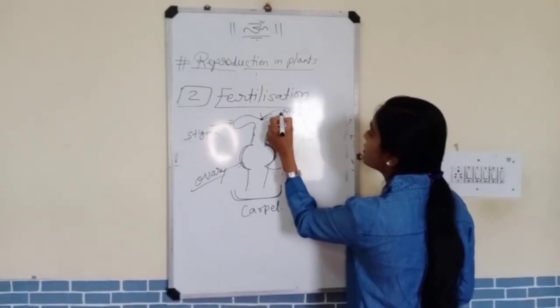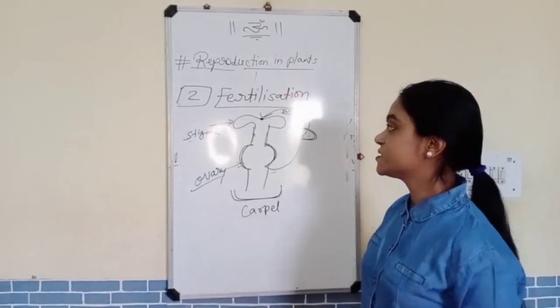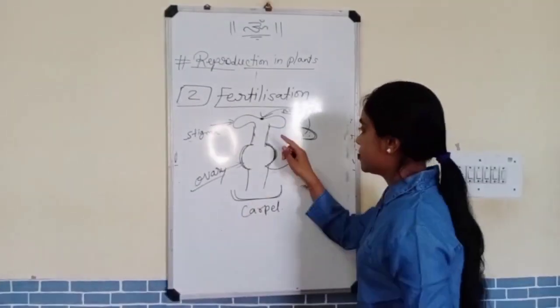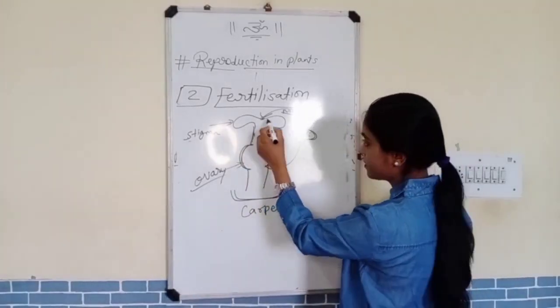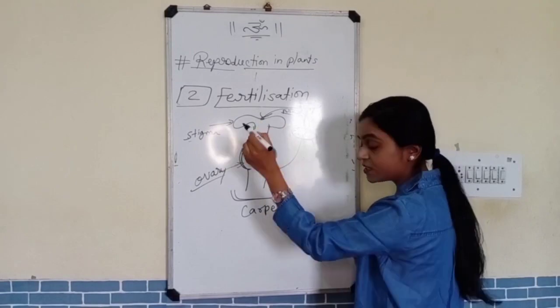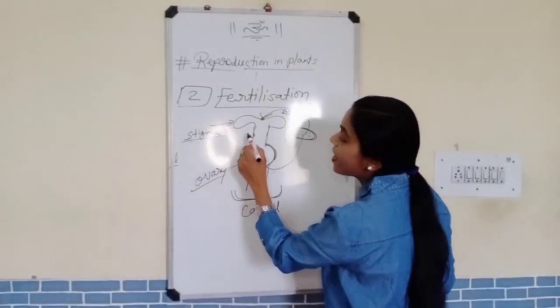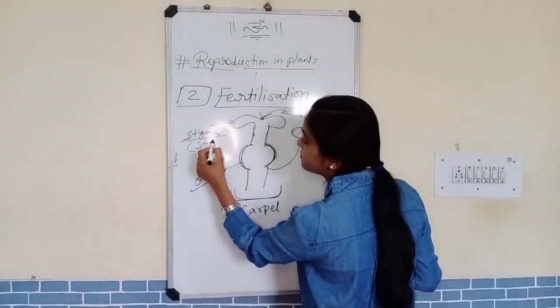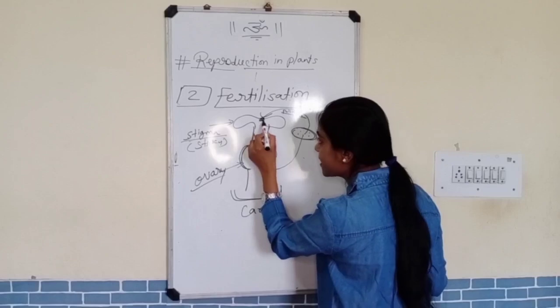Pollination has happened. Now the fertilization step occurs. How? Pollen grains stick to the stigma. I use the term stick because the stigma has a sticky nature. Pollen grains come to the stigma and stick here.